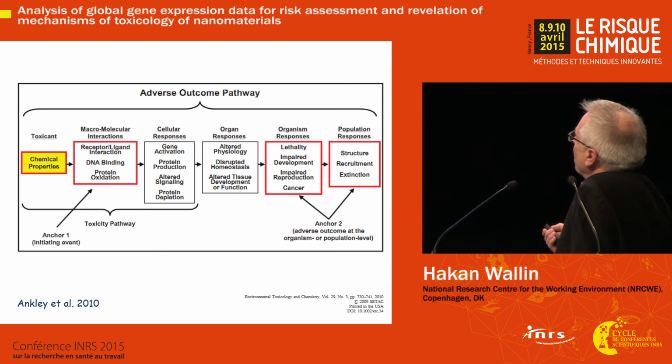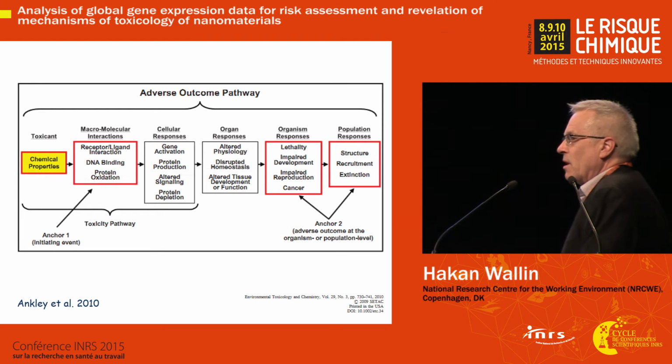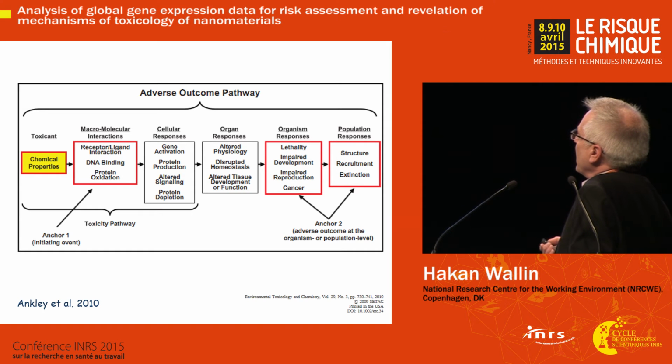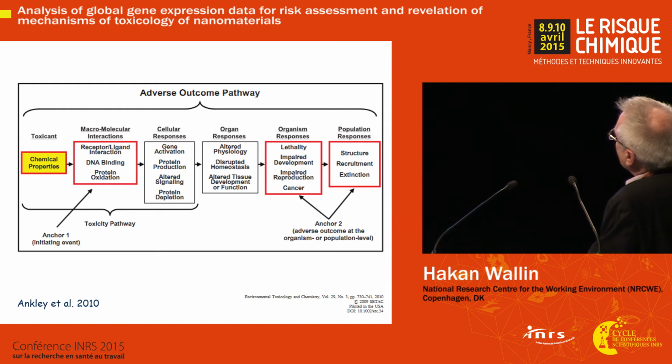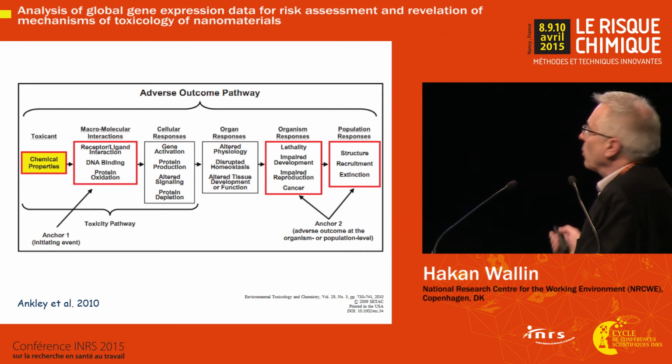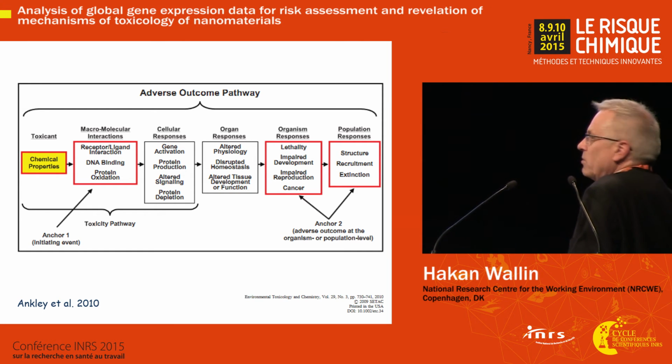You look at receptor-ligand interactions, steroid binding to the receptor, DNA binding by carcinogens, oxidation of proteins, and you have to see how this is related to the cellular response: gene activation, protein production, altered signaling, and protein depletion.